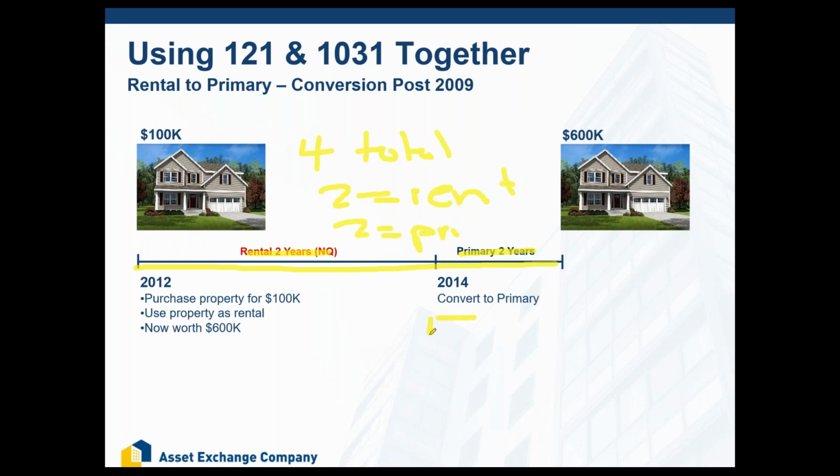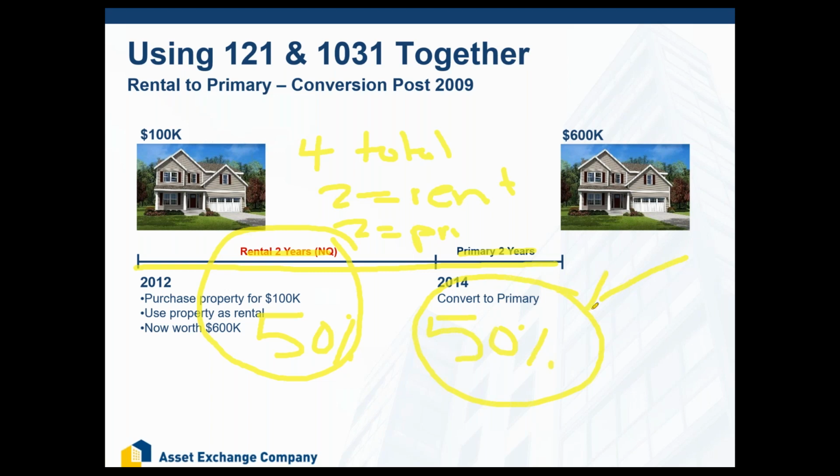All right, so 50% of my gain is going to be allocated to my primary residence, and 50% of my gain is going to be allocated to the rental. And when I sell this property, I can only use the homeowner's exemption on the percentage of gain allocated to my primary residence years.